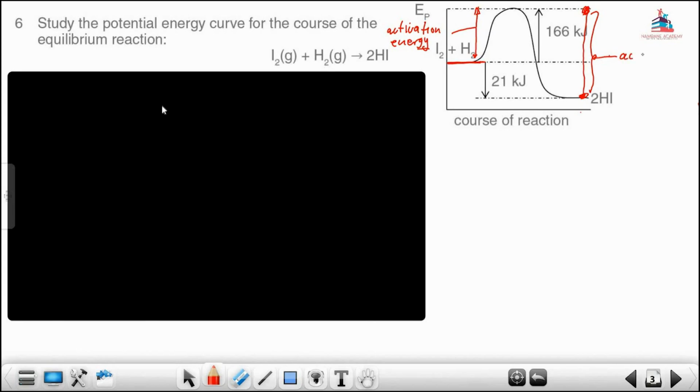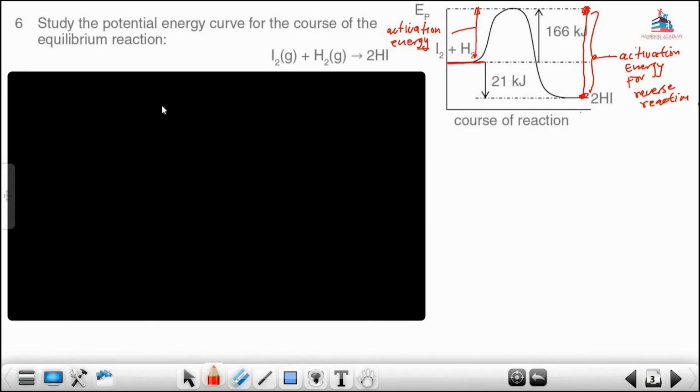So this will be our activation energy for the reverse reaction. So can you see, with just one mistake, everything will start to fall off and we will not be in a good position of answering.